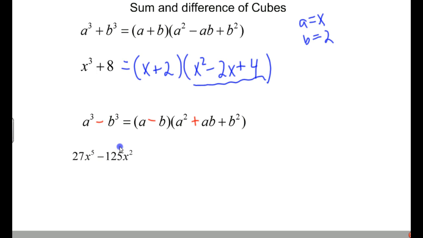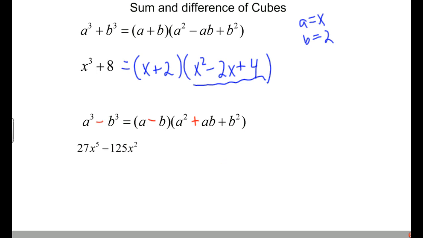Now you get a problem like this, and it may not look like difference of cubes at first. Remember that the first rule of factoring is always take out the GCF.